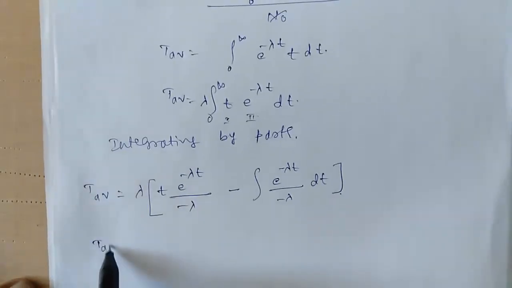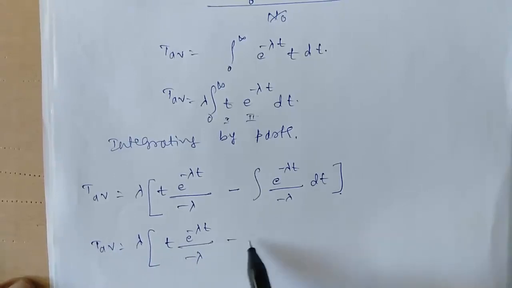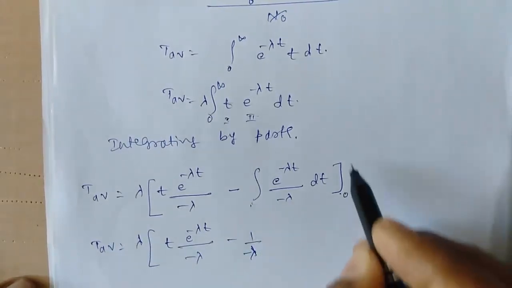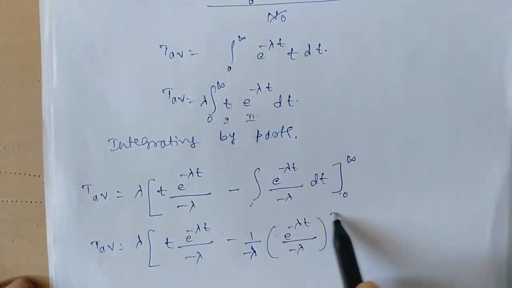So T average can be written as lambda into t e to the power of minus lambda t divided by minus lambda, minus 1, take out this minus lambda from the integration, of course between the limits 0 and infinity, and we get e to the power of minus lambda t divided by minus lambda within the limits 0 and infinity.